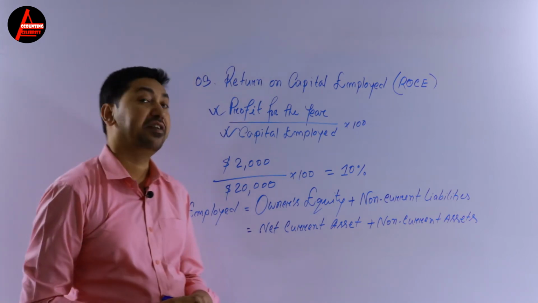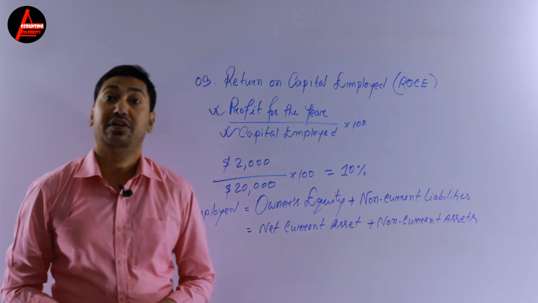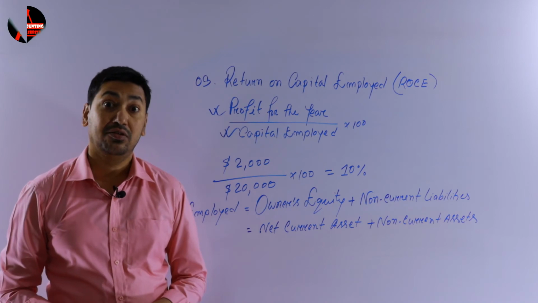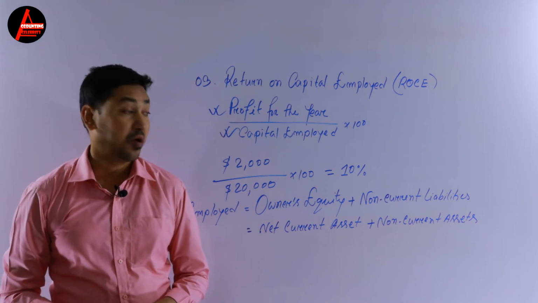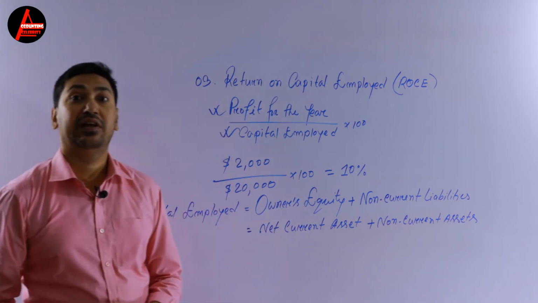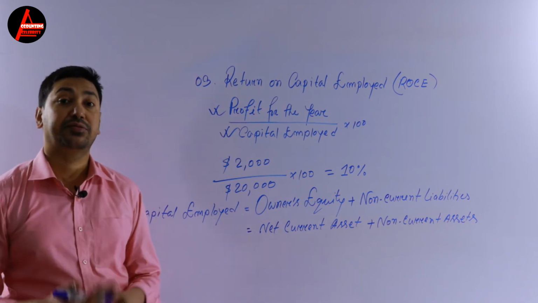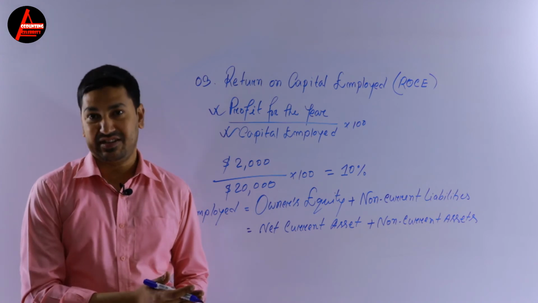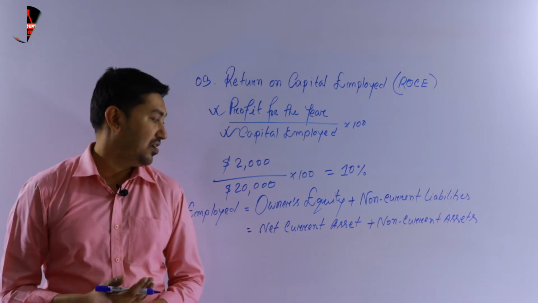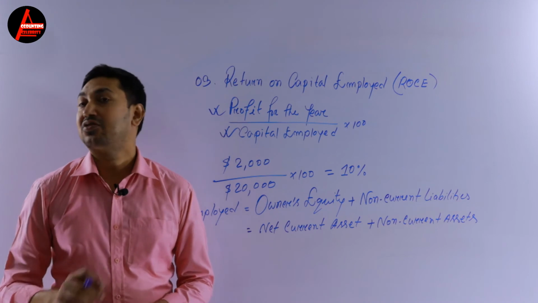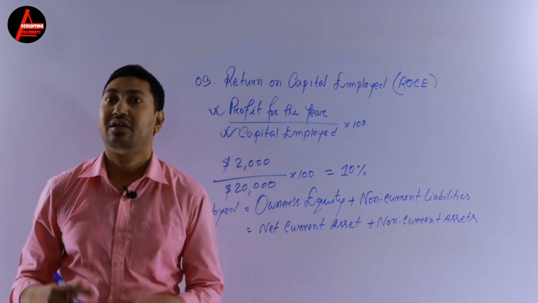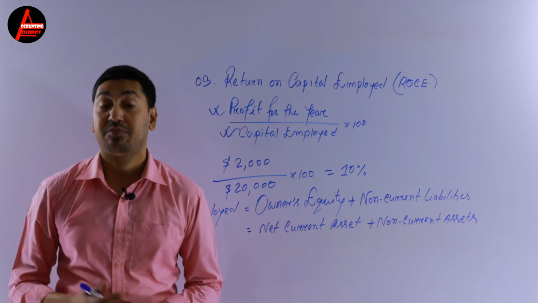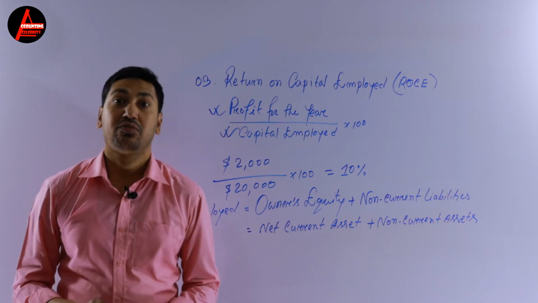So here, net current assets. Net current assets are also called working capital. So how to calculate net current assets? You subtract your current liability from your current asset, and you will get your net current asset. What are your current liabilities? Like trade payables, other payables, bank overdraft, short-term loan.